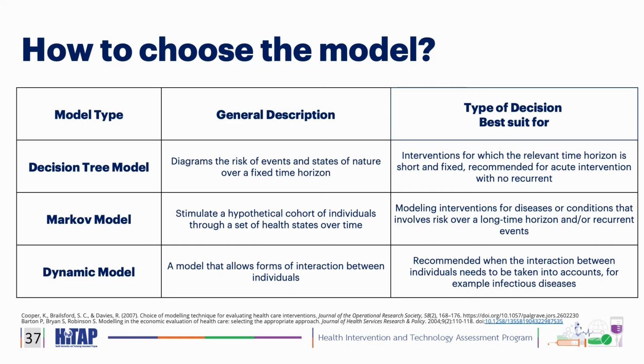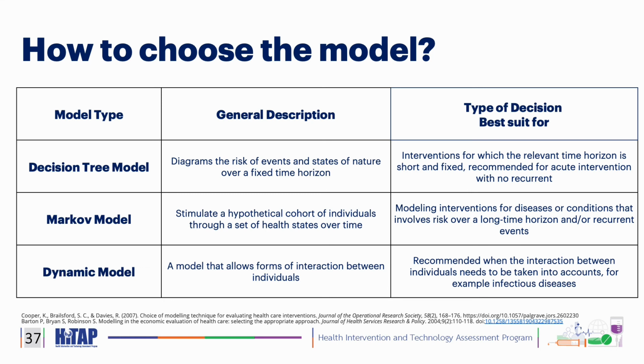So after we have talked about several types of model, now you might want to know how to choose the model to fit the study that you would like to conduct. Starting from the decision tree model, as you can see, it is a simple way to conduct decision modeling, right? The decision tree model diagrams the risk of the event and state of nature over a fixed time horizon.